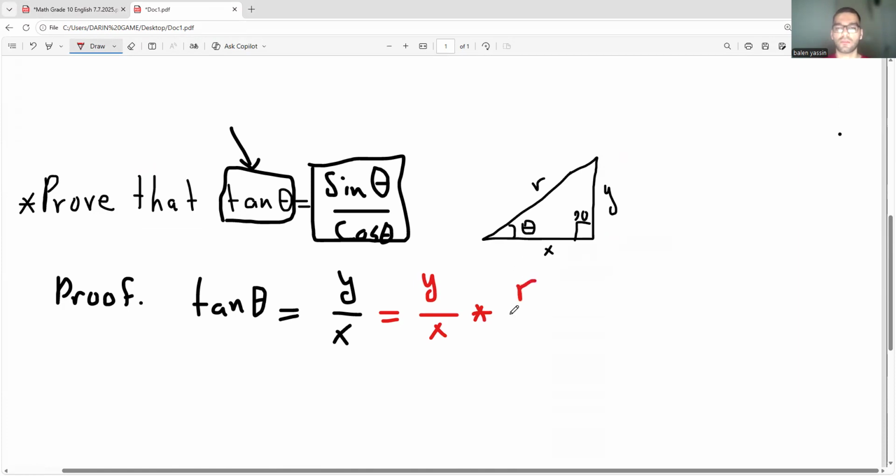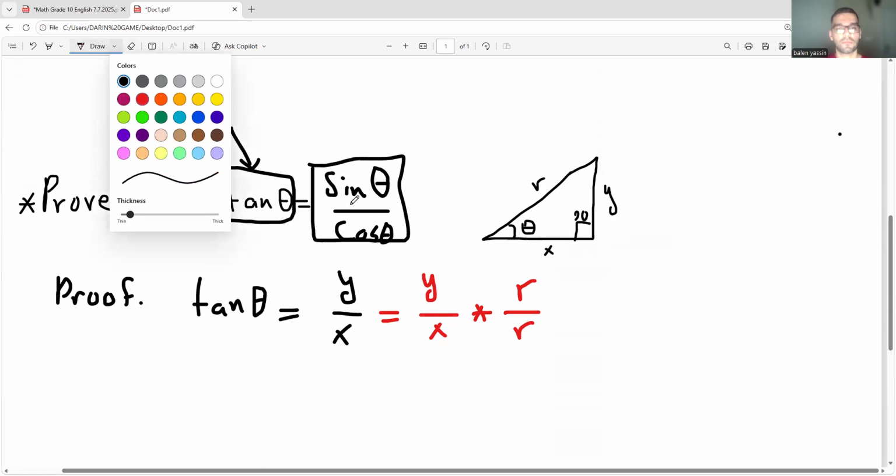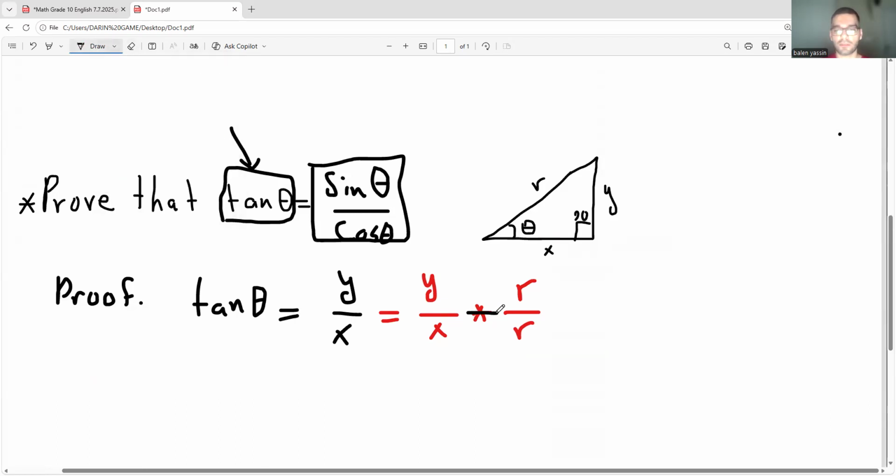Of course I can. So times r over r. Or equivalently, you can say I divide by r over r, which turns to what? It turns to y over r over x over r.